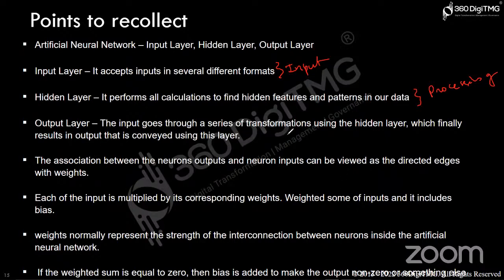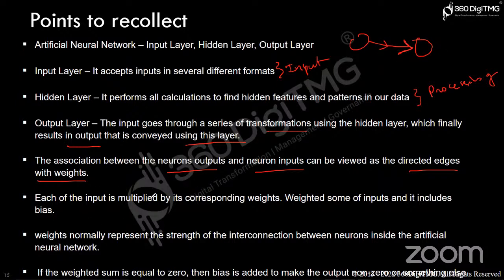The input goes through a series of transformations using the hidden layer, which finally results in output that is conveyed using this layer. The association between neuron outputs and neuron inputs can be viewed as directed edges with weights. Directed edges, like in network theory, are directed like this, so it will move in this direction only.